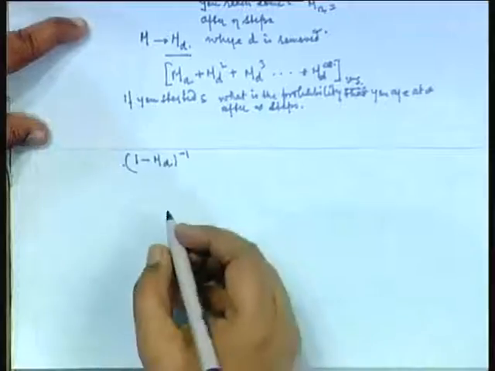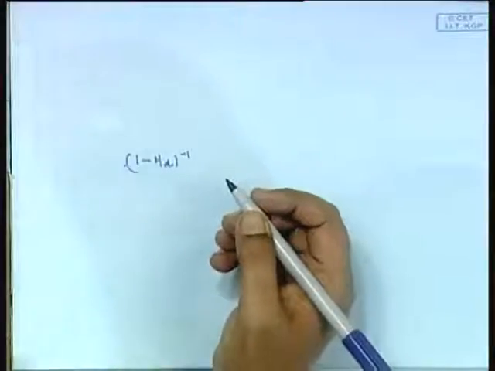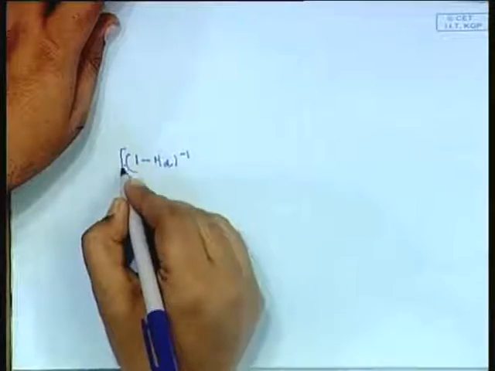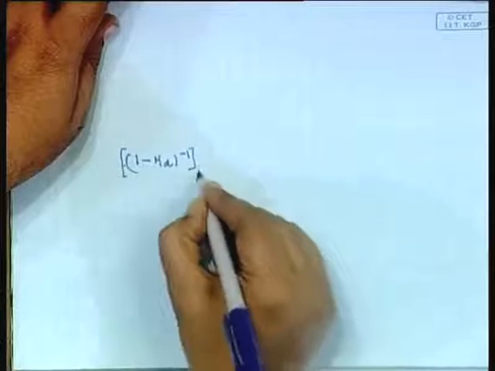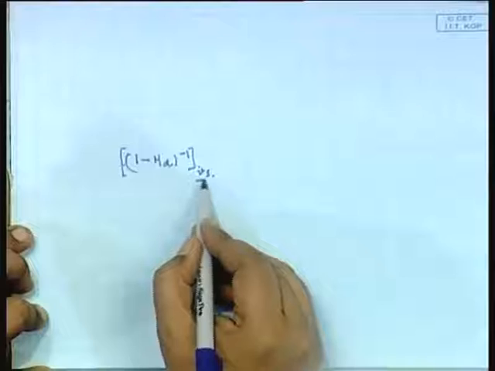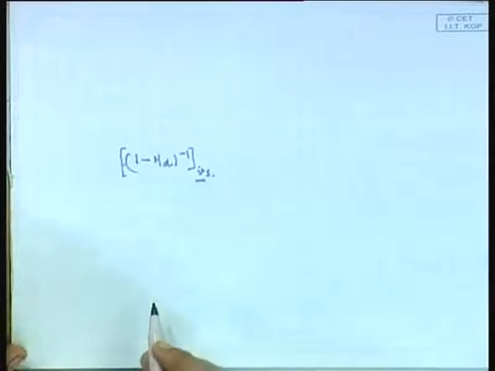Okay. So, now again I try to write that this 1 minus m d minus 1 V s gives you the probability that you will be at node V. Okay.